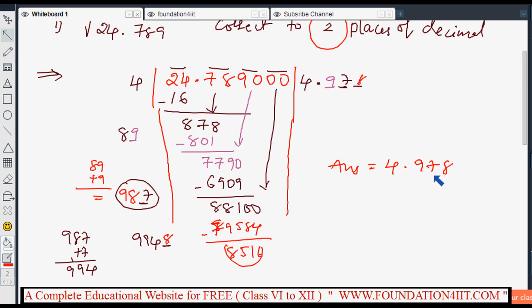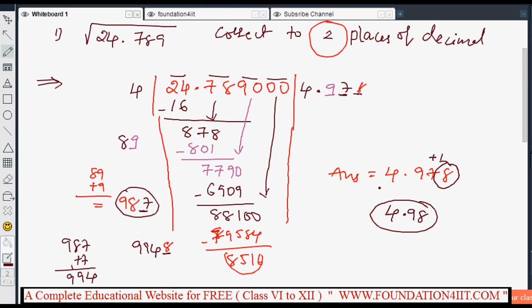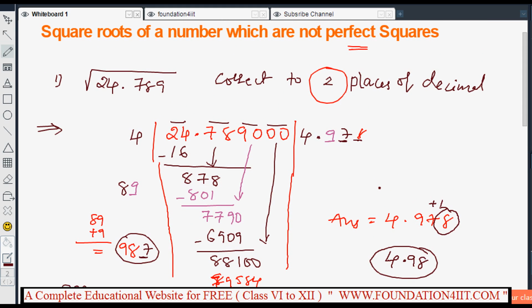So the previous is 7, 7 becomes 8. If it is more than 5, we add 1 to the previous number. That is 4.98, the square root of 24.789 correct to two places of decimal.